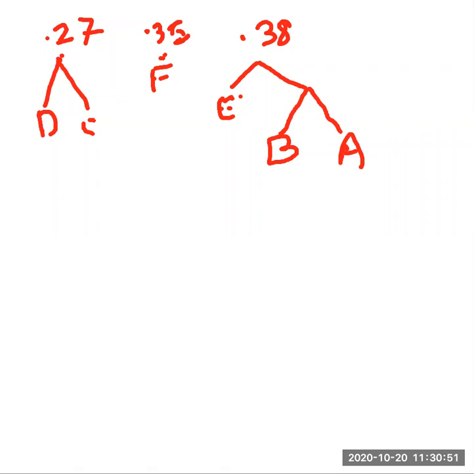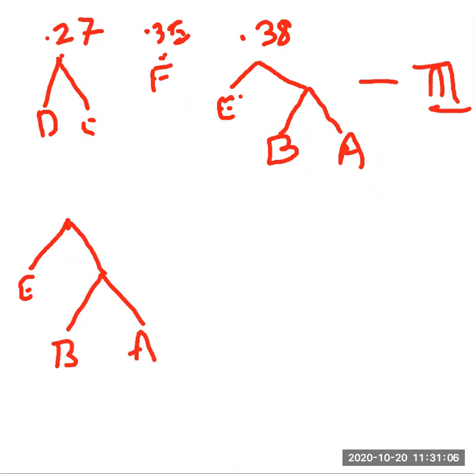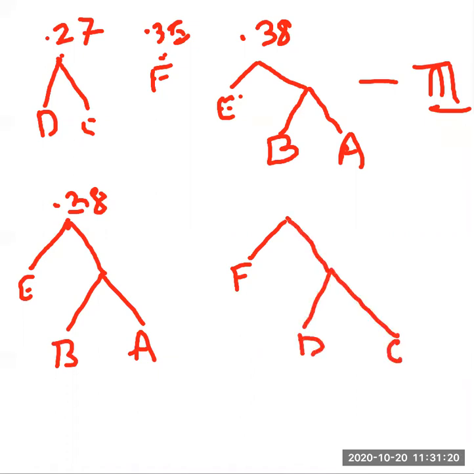The first one will be 0.38 with B and A, and the two smallest to combine will be F and the 0.27 group of D and C. This will be 0.27 plus 0.35, so this will be 0.62. And this will be step 4.